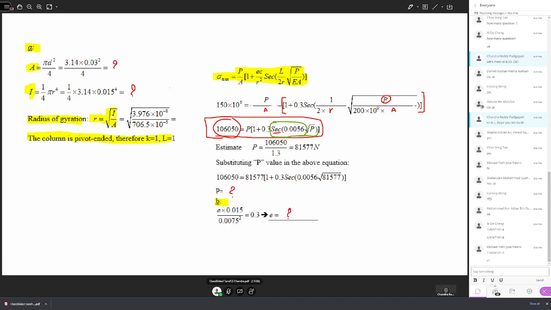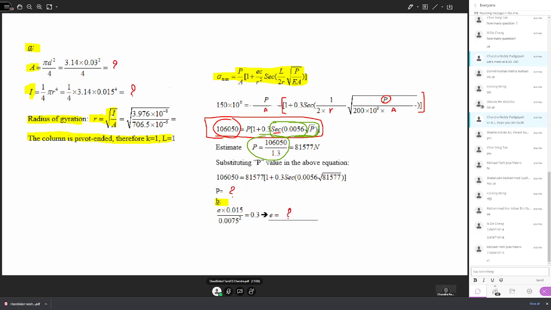When you consider the maximum value for the whole thing as 1, you can simplify this as 1.3 into P. So P can be approximately 106050 over 1.3. This is an approximate value, not the exact value.